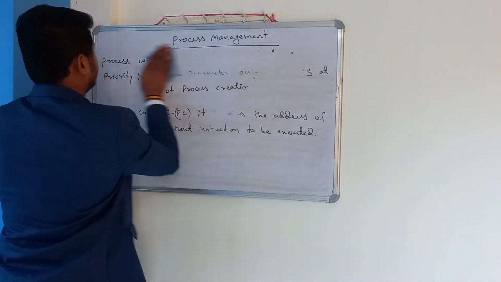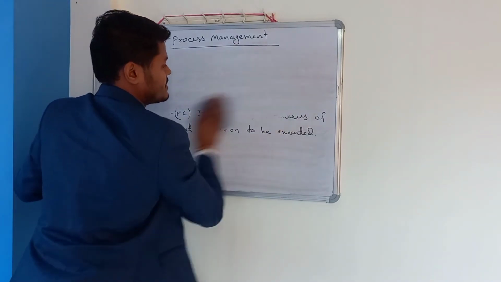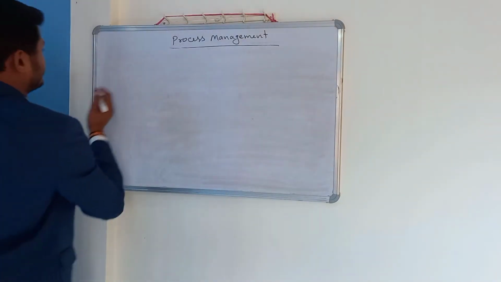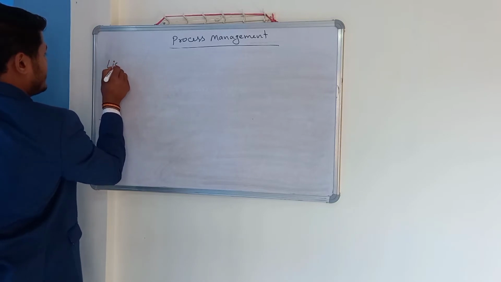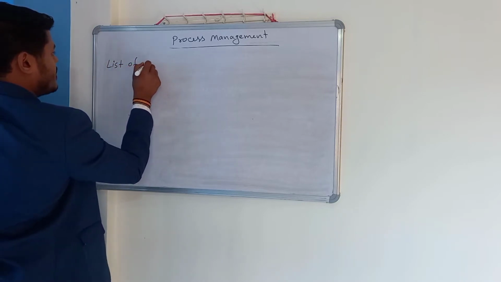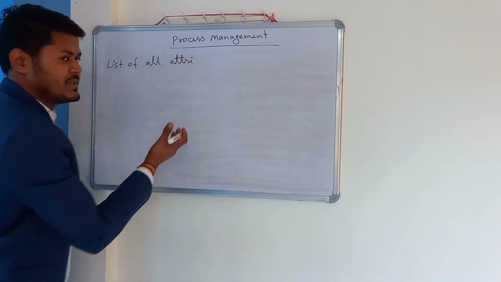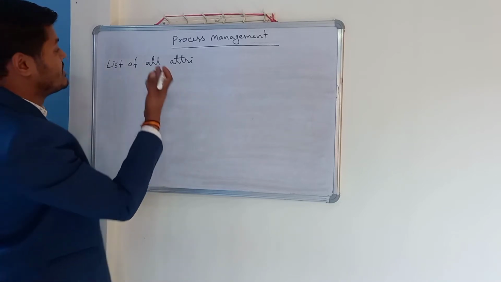Context of a process means, simply, the list of all attributes. Attributes means process ID, priority, program counter, process state.